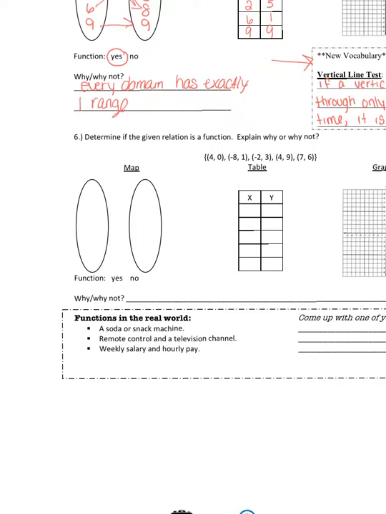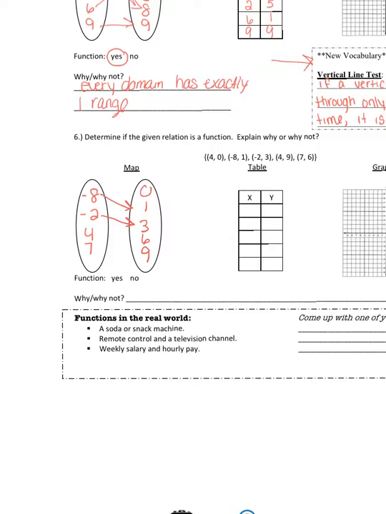So in number 6, your domains would be -8, -2, 4, and 7. Now I see 4 is up there twice. I only write it once. And then I've got 0, 1, 3, 6, and 9 for my range. I see that -8 is paired with 1, -2 is with 3.